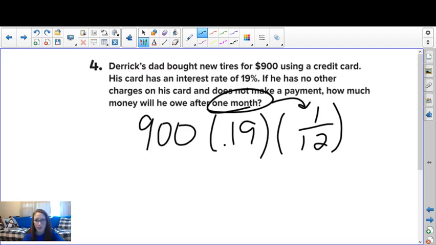Some calculators are slightly more advanced and you can put parentheses in. Some of the basic, like yellow button ones, you cannot.